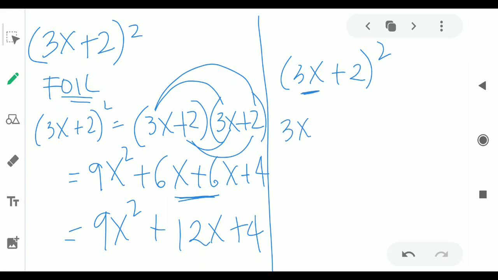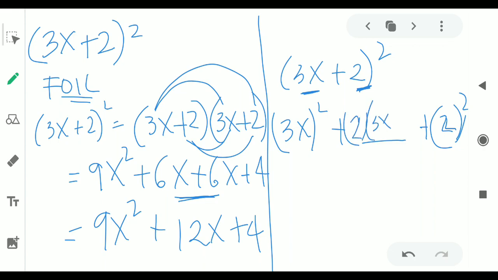So, that's 3x squared. Okay. Then, the last term is square 2, or square the last term. So, that's 2 squared. And the middle term is 2 times the first term times the second term.